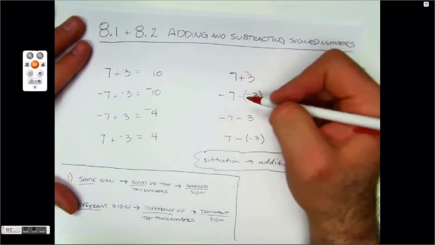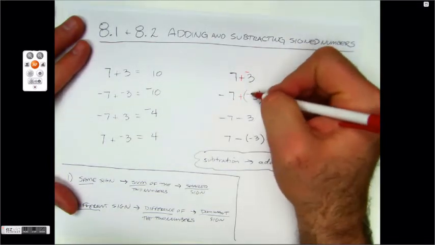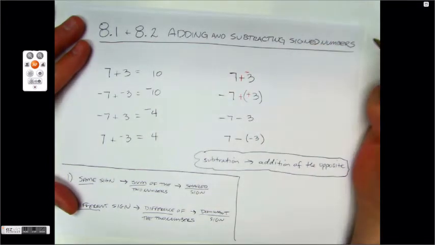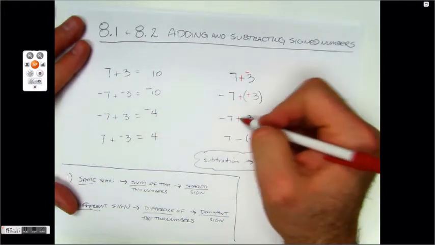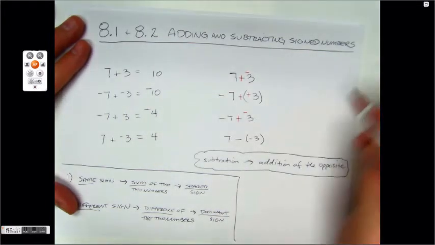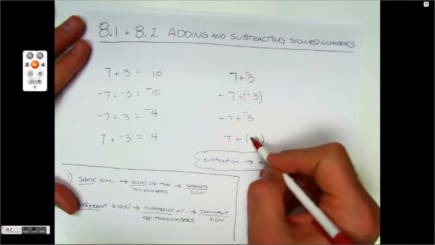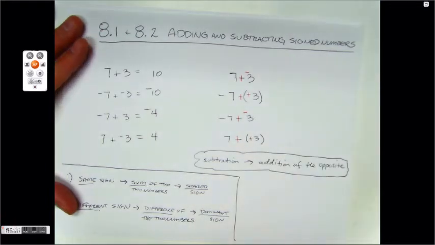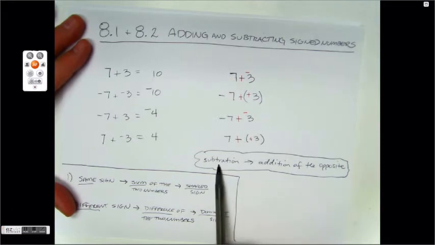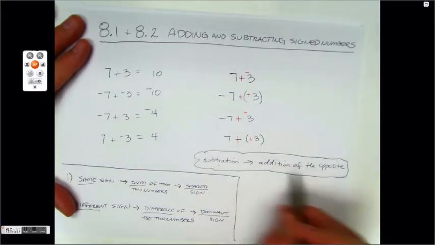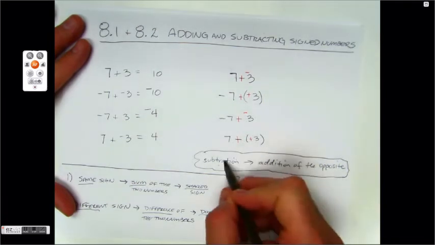That's a negative. This one here, we'll change this one to addition, but the opposite of this one is a positive sign. We'll change this one to addition, the opposite is a negative sign. We'll change this one to addition, its opposite is positive. So if you notice in red, we change subtraction to addition of the opposite.